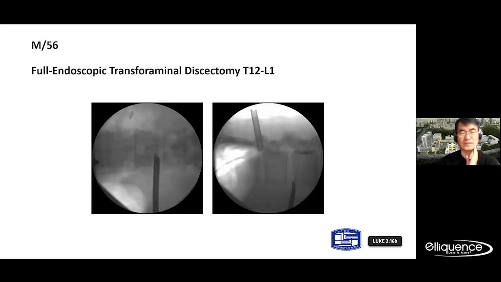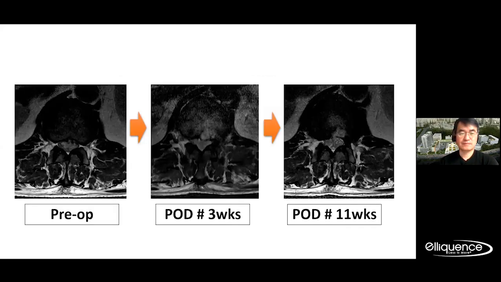That's why I'd like to do a full endoscopic transforaminal discectomy at this thoracolumbar junction, right? You can see the pre- and post-op MRI, the yellow is the spinal cord, with nearly full expansion of the spinal cord after surgery. This is the follow-up MRI there.